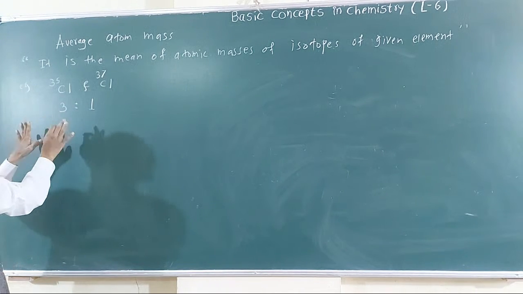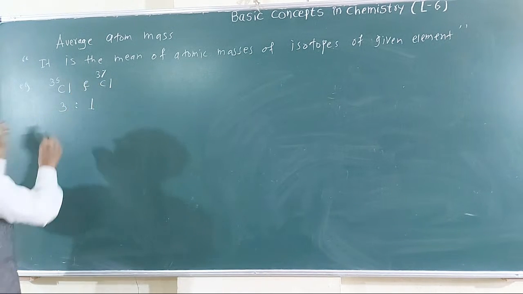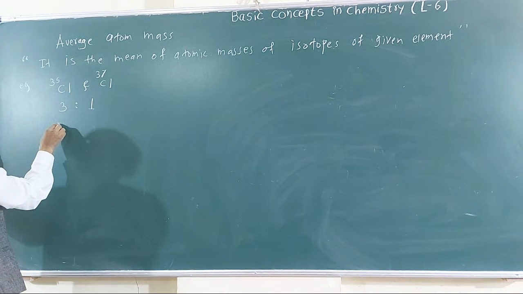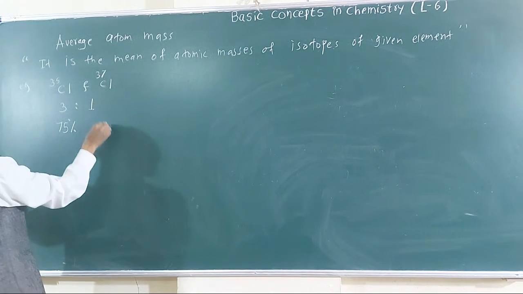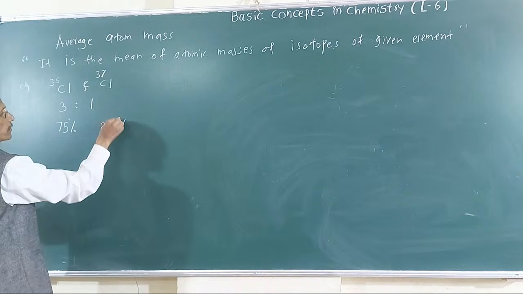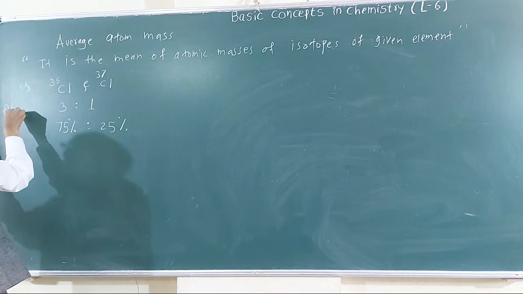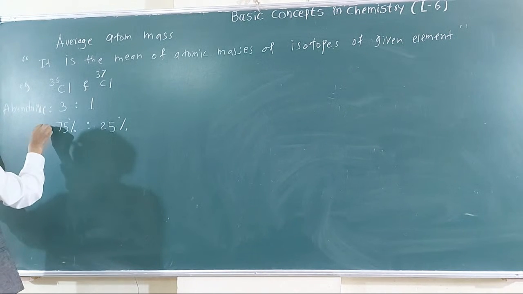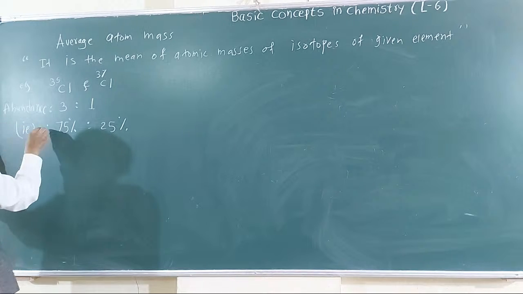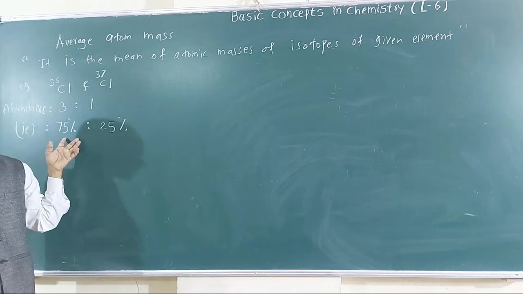So among 4 parts, 3 parts are chlorine 35 and 1 part is chlorine 37. In percentage, this is 75% and this is 25%. This is the abundance.